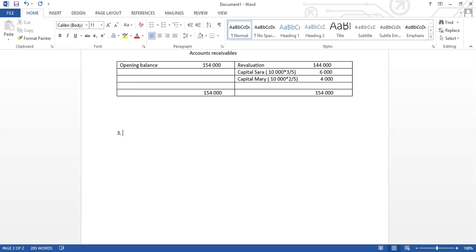First you need to calculate the goodwill, and also do adjustments of goodwill and draw up your journal entries on goodwill. So we said that goodwill is paid by the new partner. So the first thing you ask yourself is, how much did Mark pay the business?